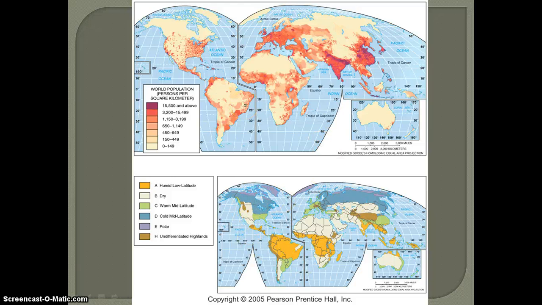Now, another thing you'll notice is that most people in the world tend to congregate towards coastal areas, whether it's in the United States or parts of Europe, here in eastern China, South America, really all over the world.